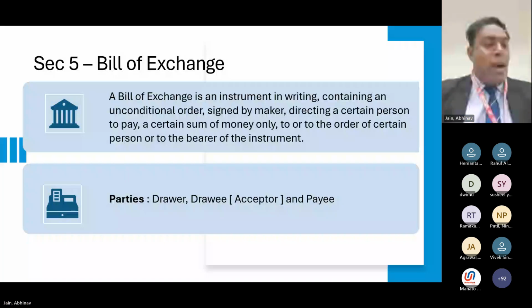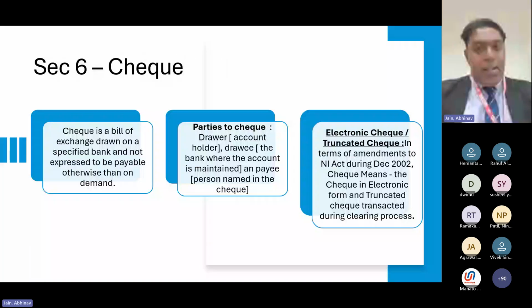So if somebody demands it, it is okay. Otherwise, it is not paid. The parties involved in the check are drawer, that is the account holder, drawee, that is the bank where the account is being maintained, and the payee, the person in whose name the check has been drawn. So these are the parties to the check.